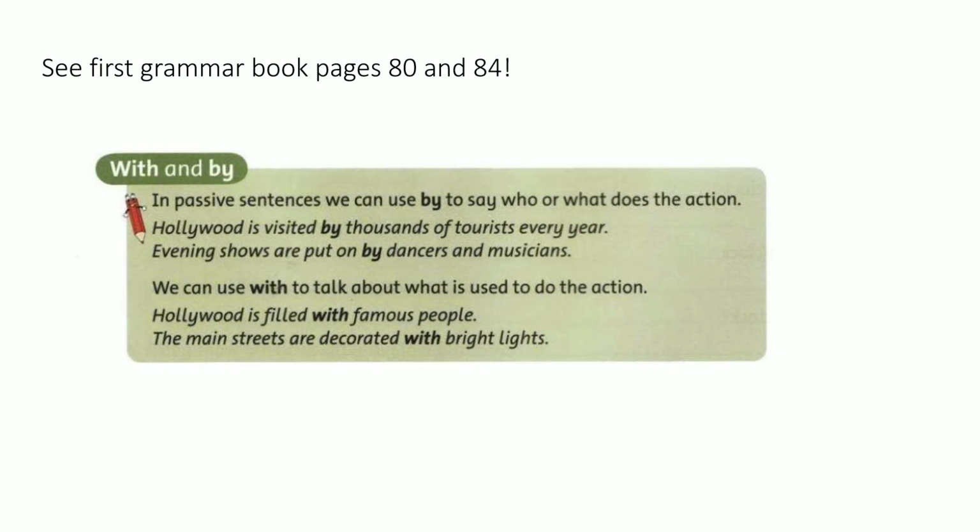With, we can use to talk about what is used to do the action. For example, Hollywood is filled with famous people. Hollywood dipenuhi dengan. With is dengan, different from by. If by, oleh. If with, dengan.